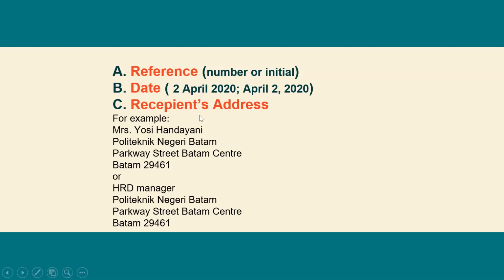If you know the name of the person, you can directly write Mrs. Yosi Handayani, Politeknik Negeri Batam, this is the institution, and this is the address. Or if this is not personal, department's name, such as HRD Manager, Politeknik Negeri Batam, Parkway Street, Batam Center.